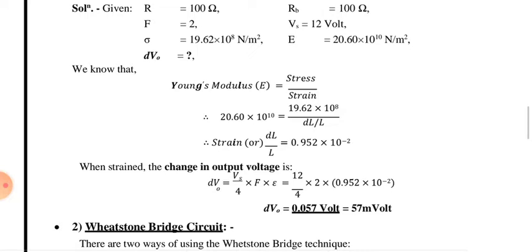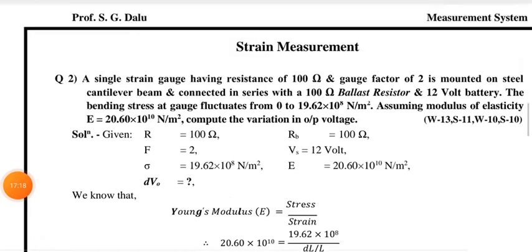So we come out with the change in output voltage dVo equal to 0.057 volt, that is 57 millivolt, or it may be written as 57 into 10 to the power minus 3, that is 57 millivolt.